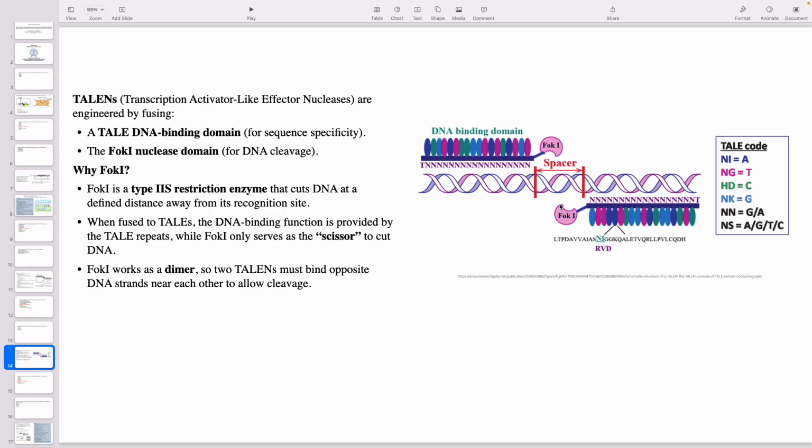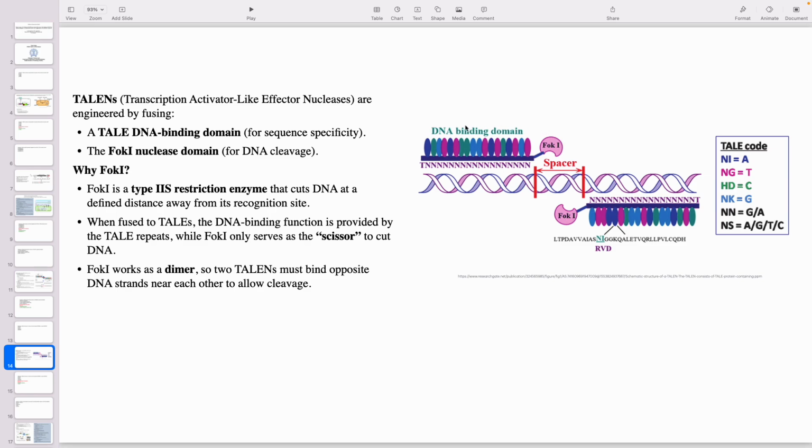For FOK1 to function as an endonuclease, it has to be dimerized. So the two TALENs must bind the opposite DNA strands near each other to allow the cleavage.